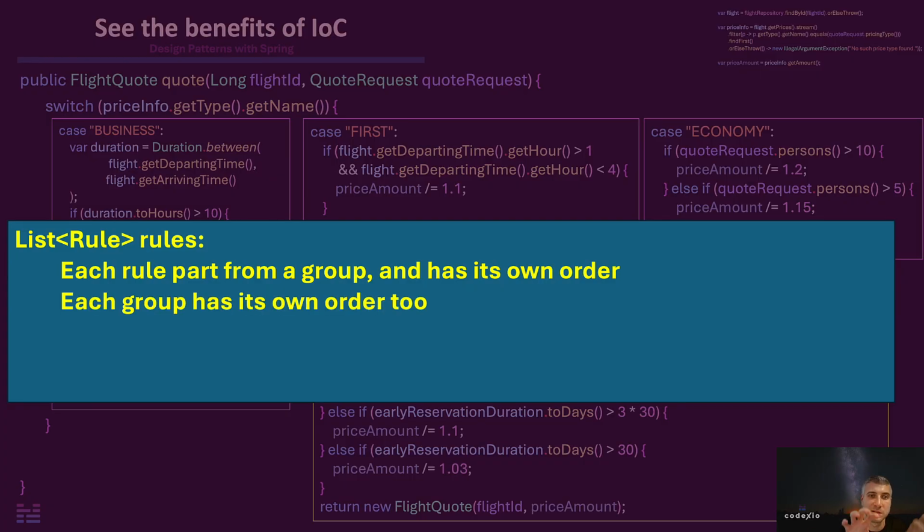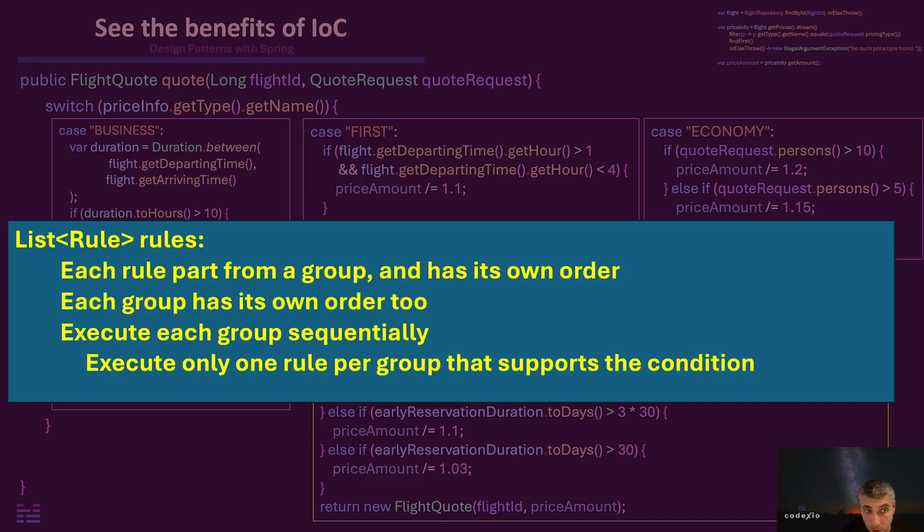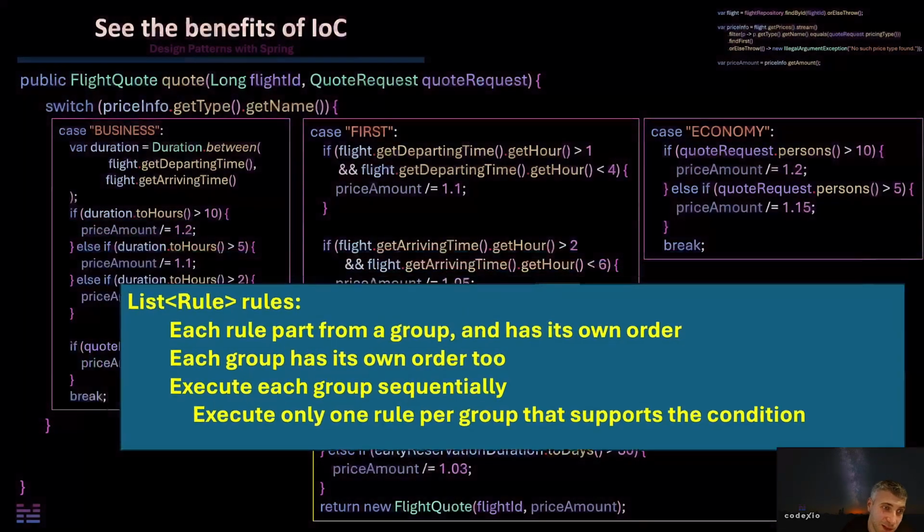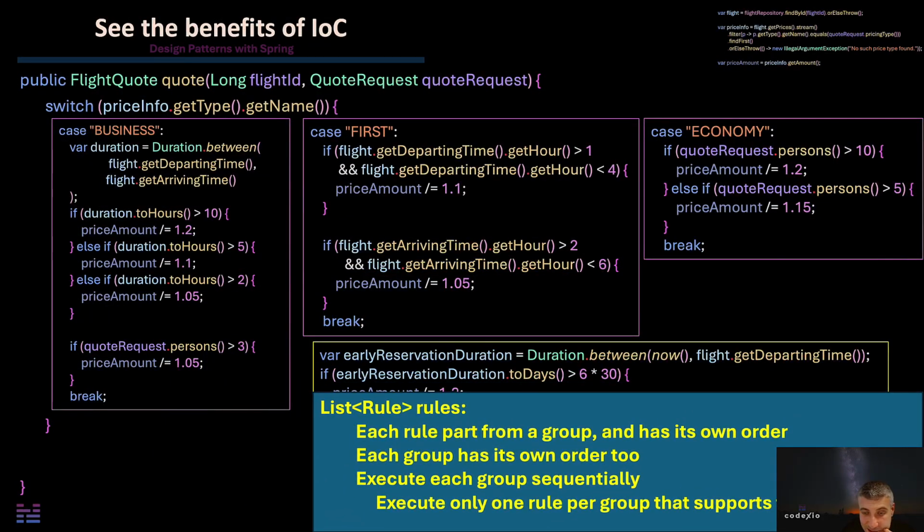These groups can coexist. The things inside the group can also be ordered and also coexist inside it. And then you execute each group in sequence. And only one rule per group. So we need to see that in action, otherwise it sounds like a very abstract thing. But let's see it here.